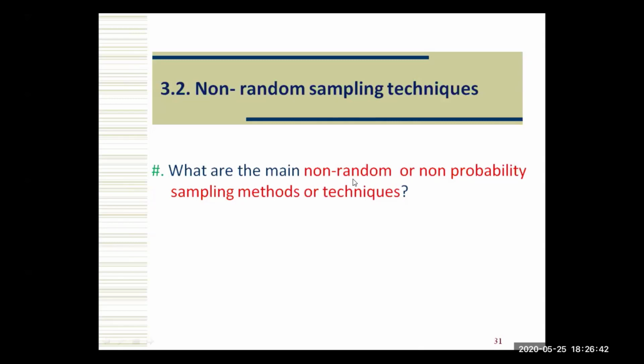The other techniques are related to non-random sampling techniques. These are the second methods, also termed non-probability sampling methods.